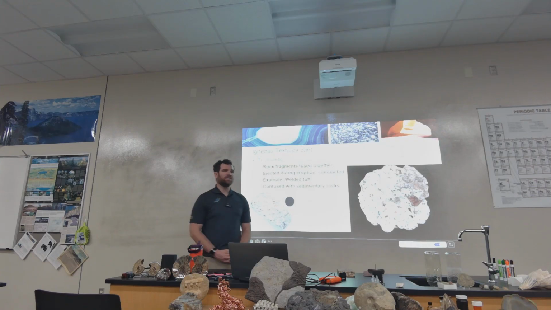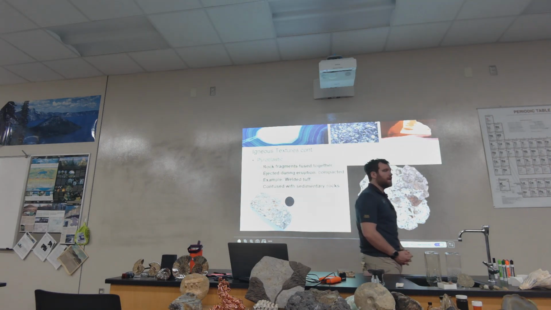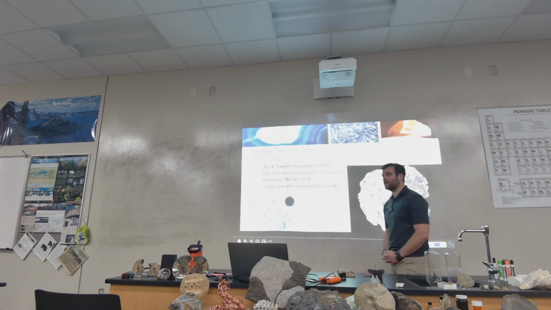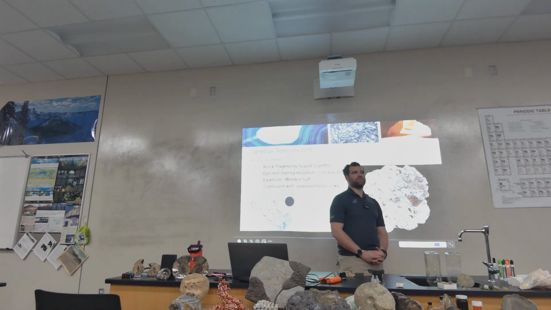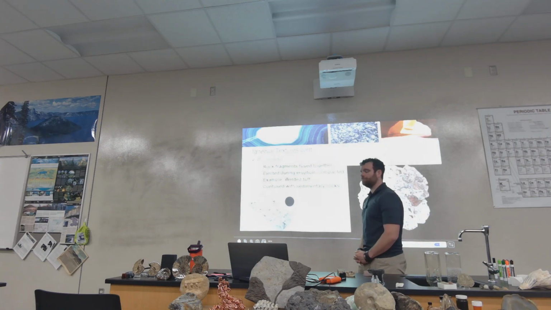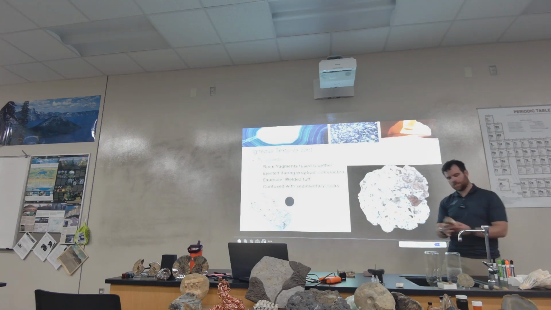Okay? So what does this mean? Anything that was made from the ash of a volcanic eruption, anything that was made from the debris thrown off of the volcano in a volcanic eruption, okay? Any chunk of lava that flew through the air, cooled off in the air, and then landed somewhere else is pyroclastic, okay? So here's an example right here, okay?